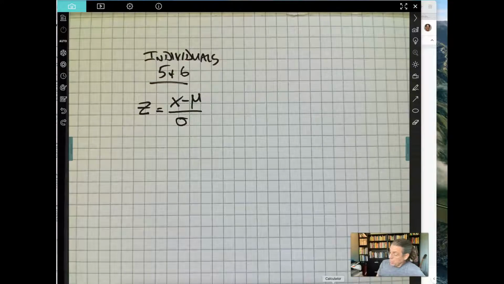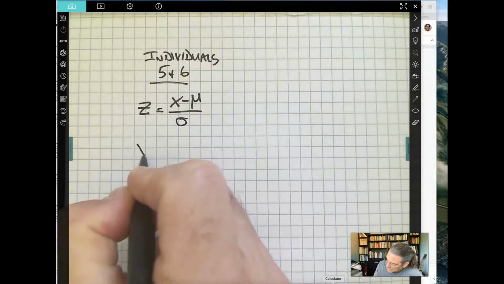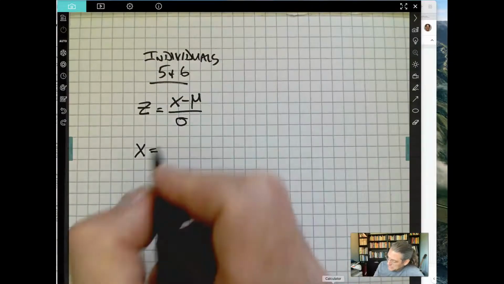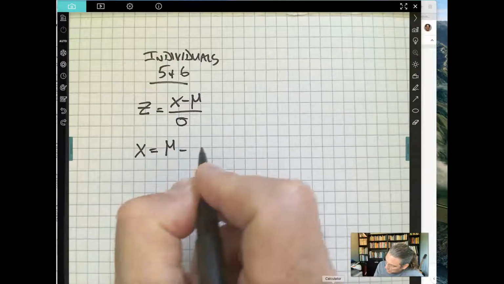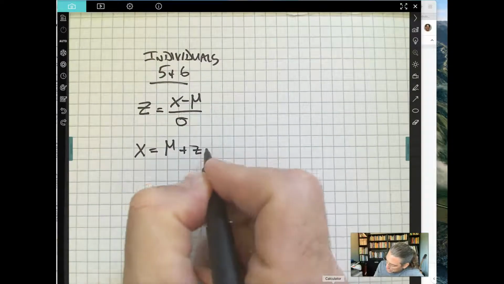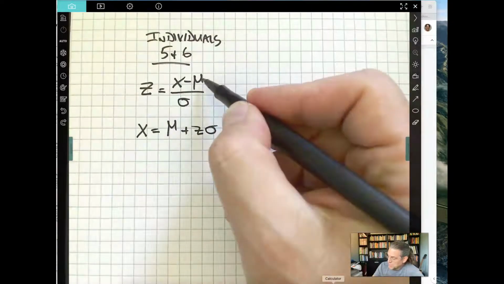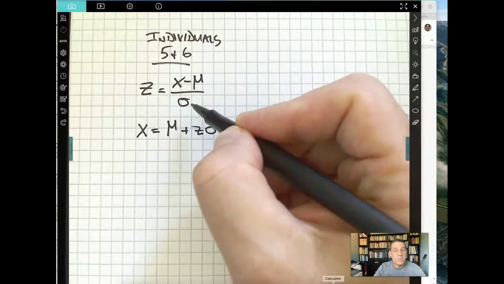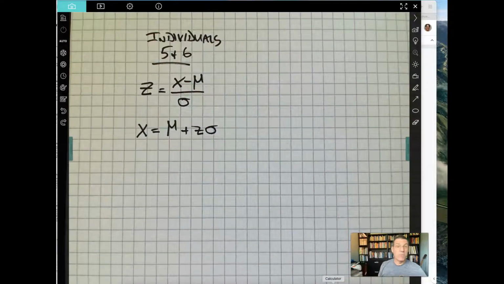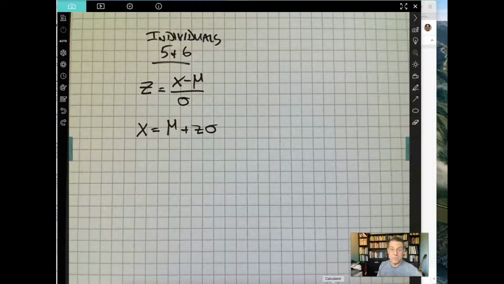Or if we wanted to solve for the actual individual score, that's our x, it equals the mean plus the z-score times the standard deviation. Now again, just remember the mu can be an m, and instead of a population standard deviation, it would be an s. So it's the same formula for populations and samples.